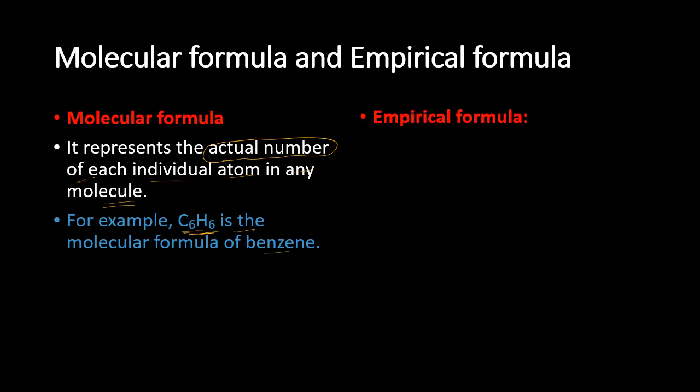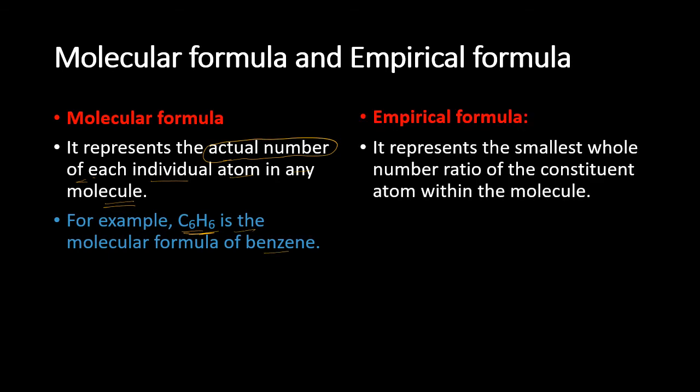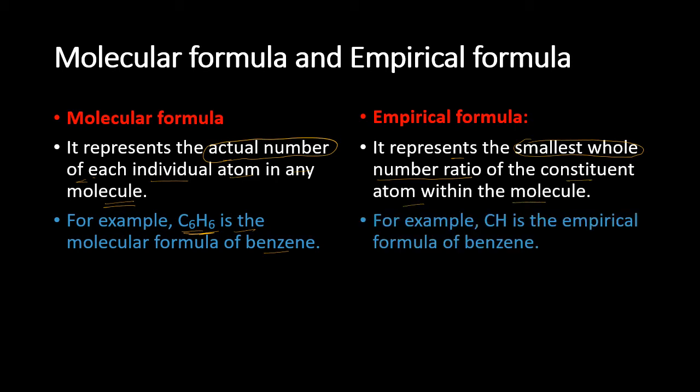And empirical formula represents the simplest or smallest whole number ratio of the constituent atoms within the molecule. And the empirical formula for this formula of benzene is CH.